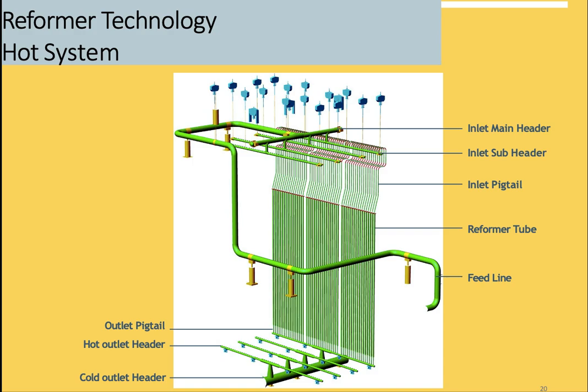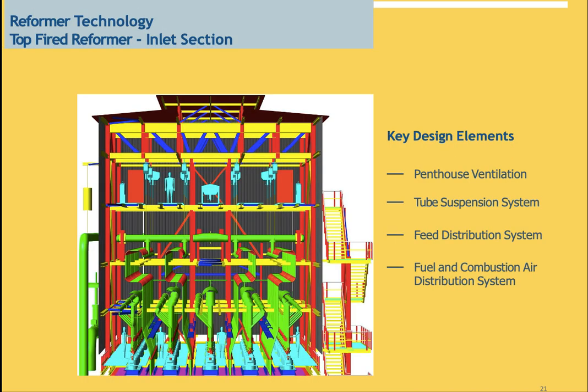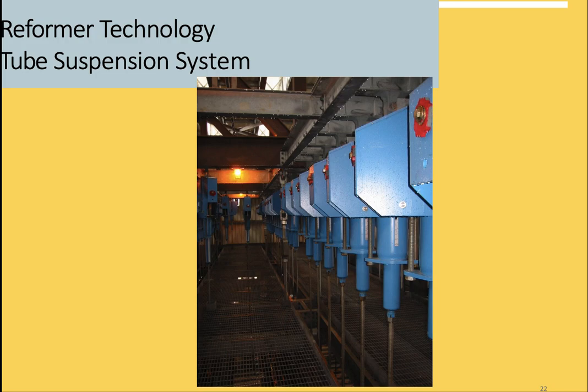This is the general idea related to the hydrogen reformer as a reactor. This is one of the rare reactors working with endothermic conditions in our industry, because normally you find reactors working with exothermic reaction. Here you are working with endothermic reaction, and this is the main consideration.